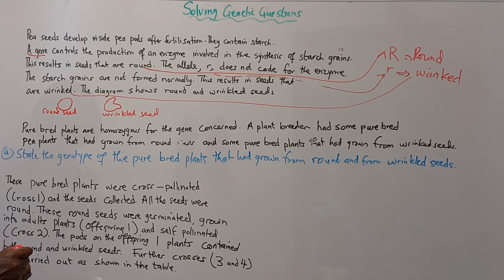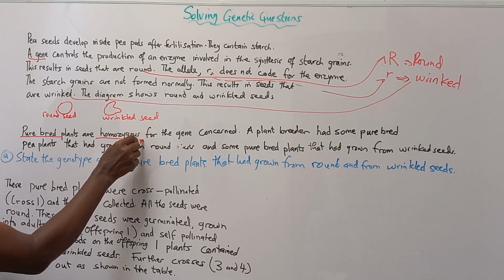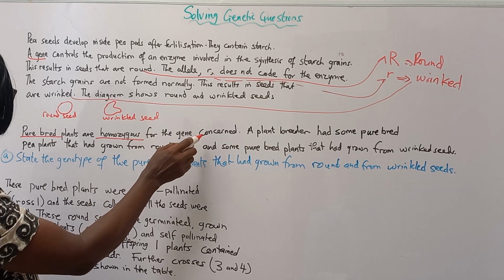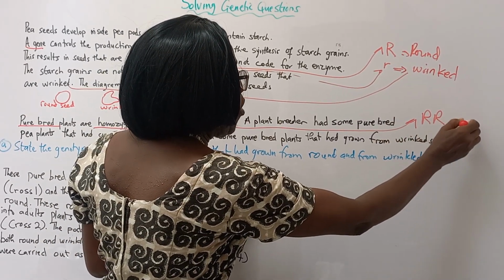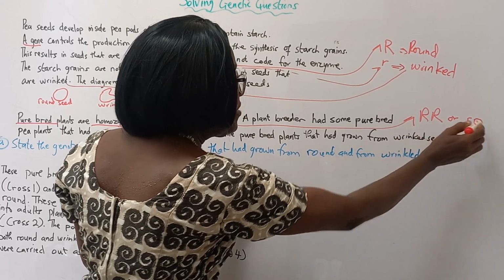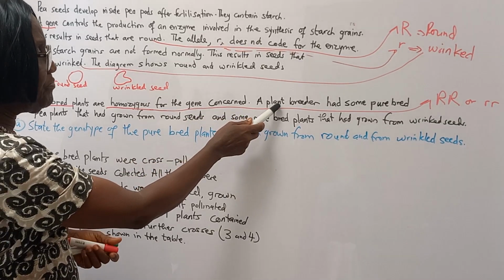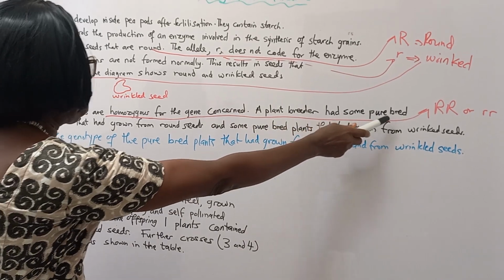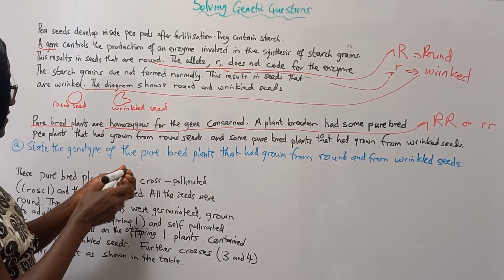Now, pure breed plants, pure breed, we are talking about homozygotes for the gene concerned. Pure breed can be big R, or small r, small r. This is pure breed, this is pure breed. So you write the information down. A plant breeder has some purebred pea plants that are grown from the round seeds.